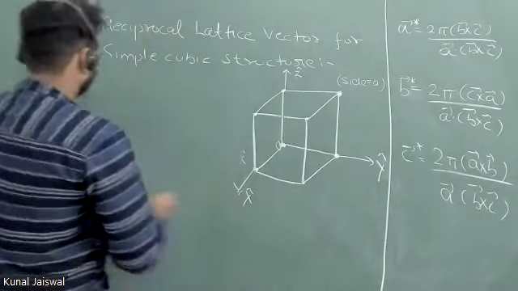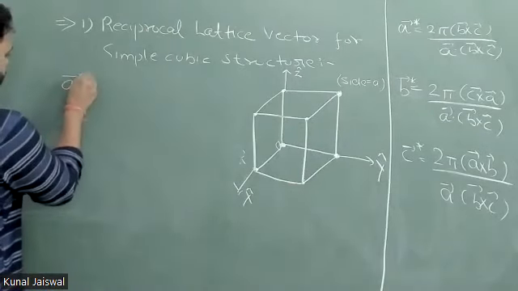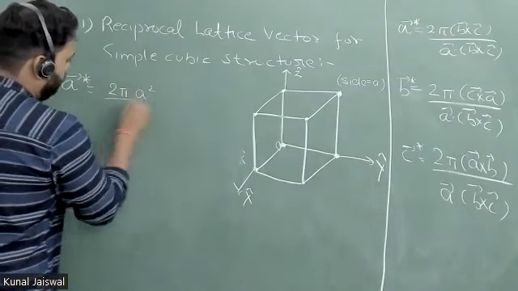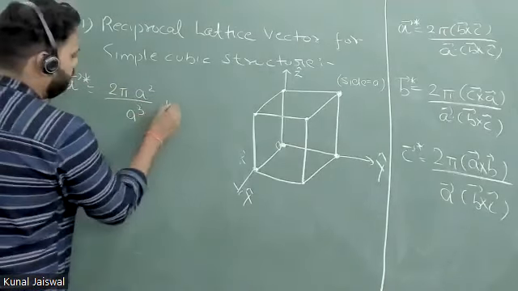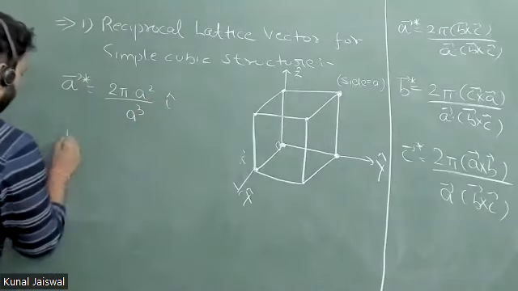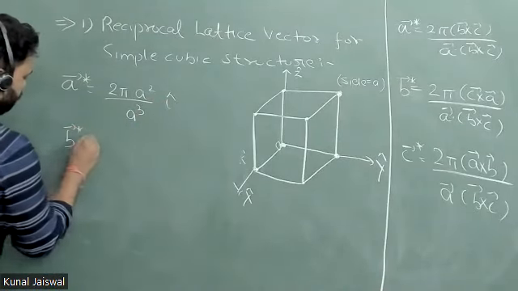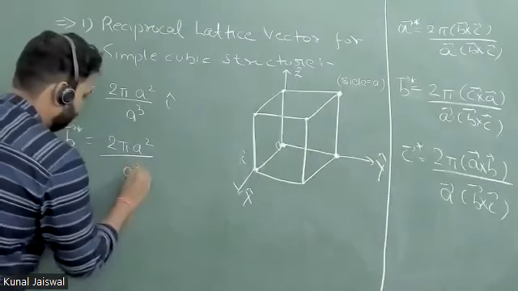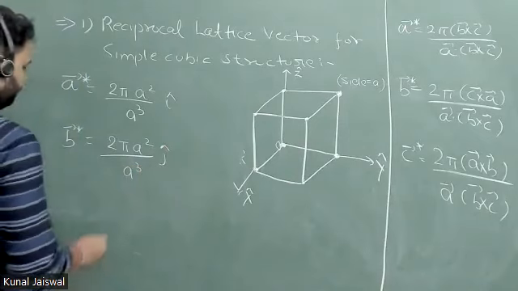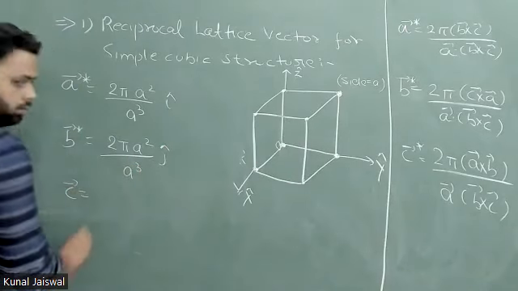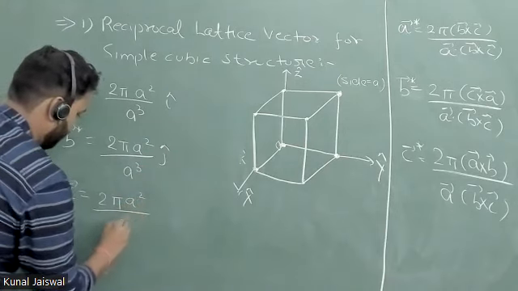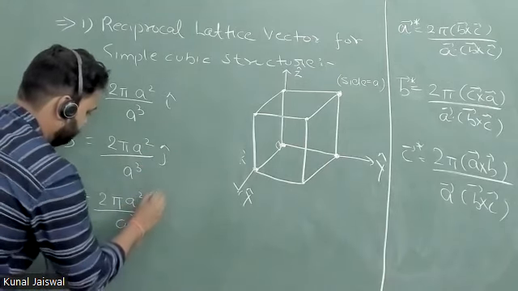Let's see what you will get. First, A star. What we will get as A star is 2 pi A square by A cube i cap. B star is equal to 2 pi A square by A cube j cap, and C star is equal to 2 pi A square by A cube k cap.